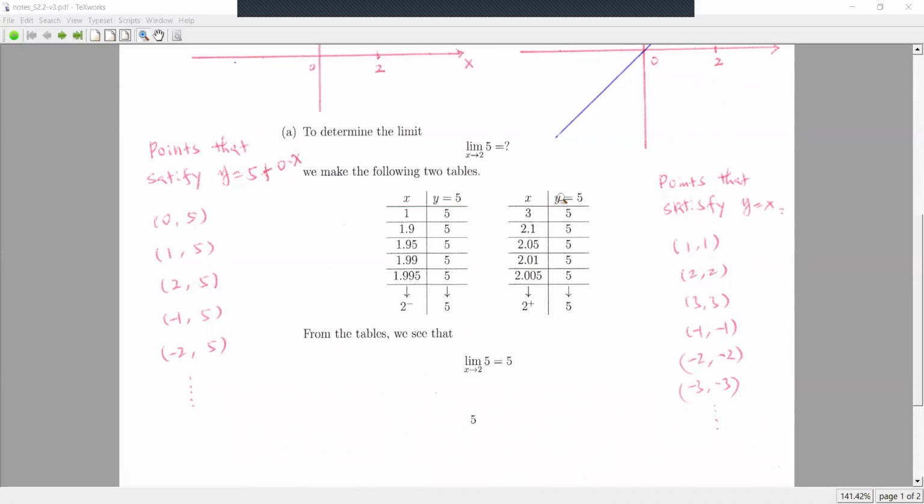So the dependent variable approaches 5. Now, based on these two tables, I tend to conclude that the limit of this constant function as x approaches 2, no matter how x approaches 2, from the left or from the right, the function approaches the same number, 5. So therefore, 5 is the limit.